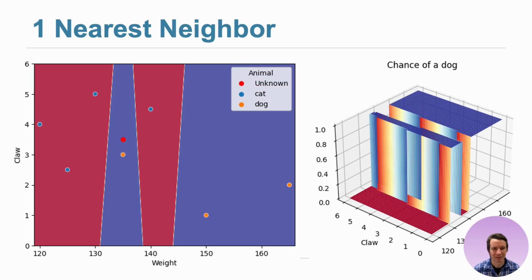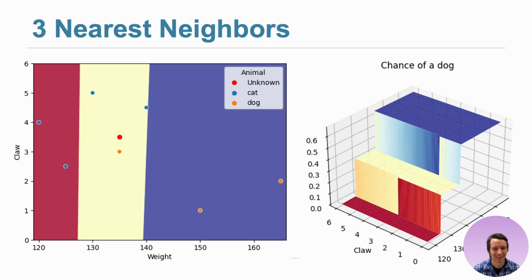And this is how k nearest neighbors looks like, how to classify cats and dogs. You can notice that there is a chance of being a dog or cat. You can have it 0 or 1, or also somewhere in the middle there is a strip that is saying about 1/3.